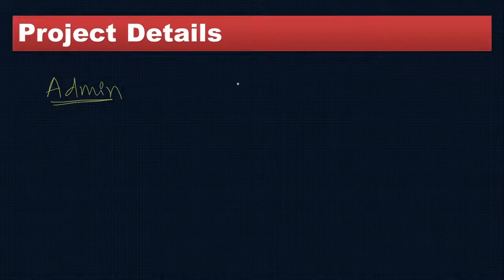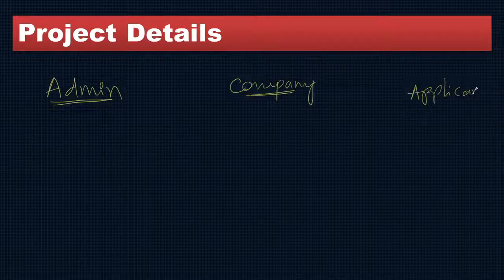Next is the client or company module. Companies who wish to come to a college and conduct interviews, it is for them. Next is the student or the applicant. These are the three modules required for this particular project.